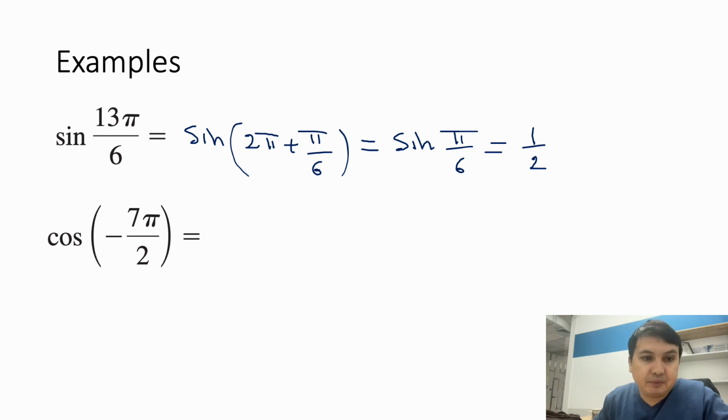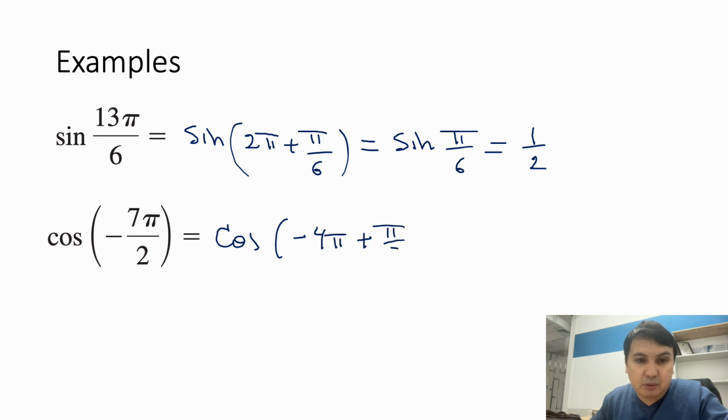Okay. How about cosine of minus 7 pi over 2? How can I rewrite this expression? There are many different ways, but one approach is to make it minus 4 pi plus pi over 2, because 2 times minus 4 is minus 8, and adding 1 gives minus 7.